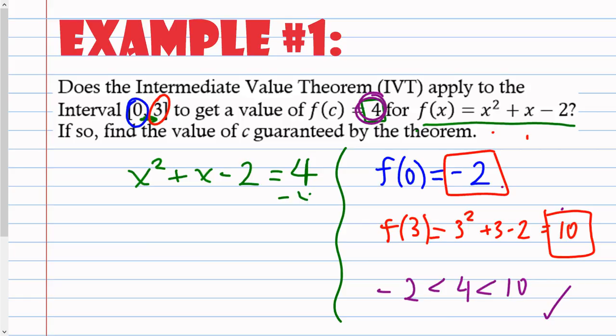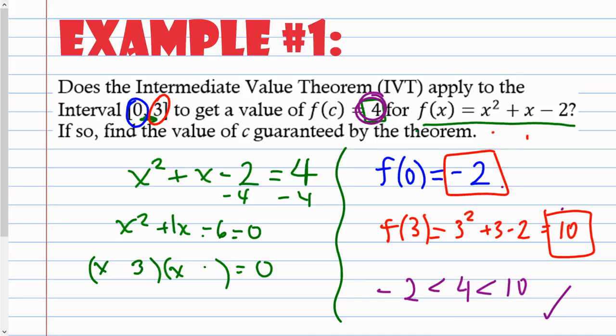So easy enough, subtract 4, subtract 4. Now I have x squared plus x minus 6 equals 0. If I want to figure out what x is, in order to find my solutions, I'm just going to factor. I need two numbers that multiply to -6 but add up to 1, because the number right here is 1.